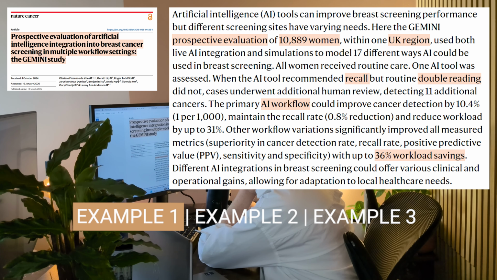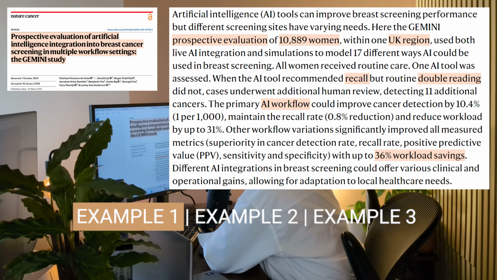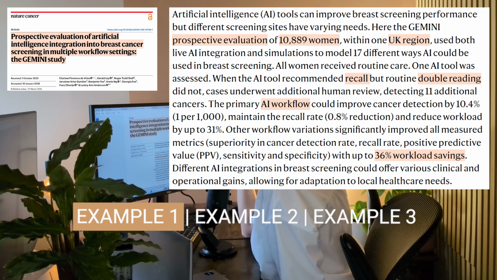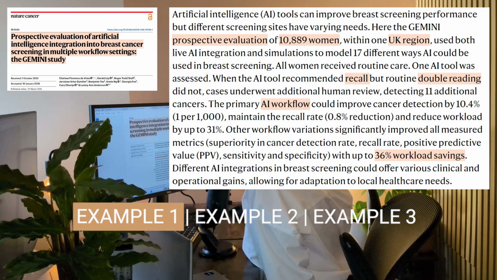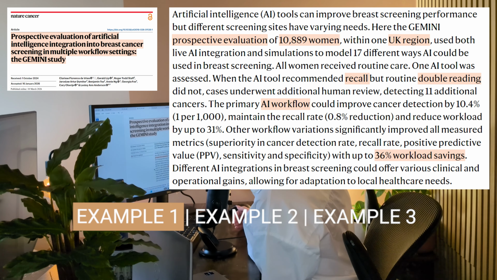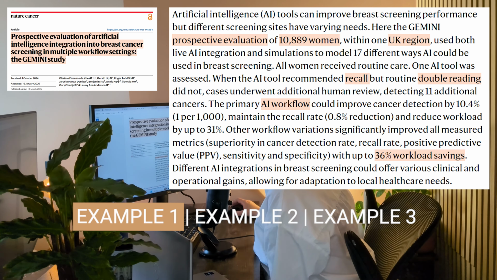So this says that it was a prospective evaluation of over 10,000 women, so a good amount of patients here. This is within one UK region, so we're not looking at a big scale international trial here. They mention AI and workflow and workload throughout the abstract, so it's clear that this is to do with integration of AI into the clinical pathway.